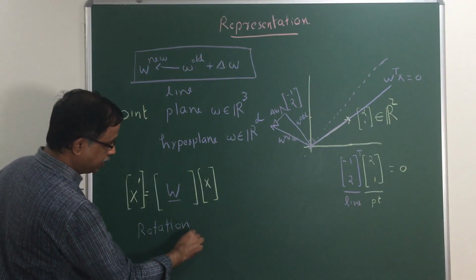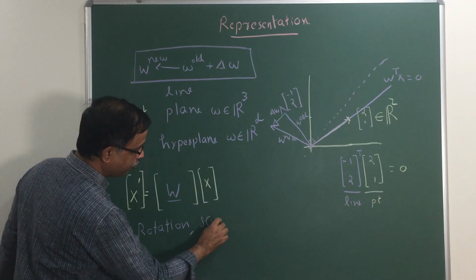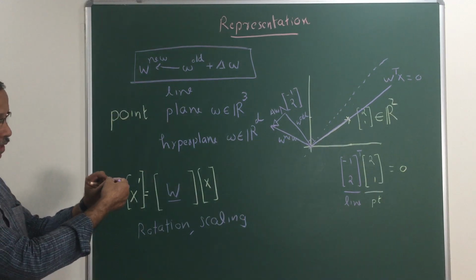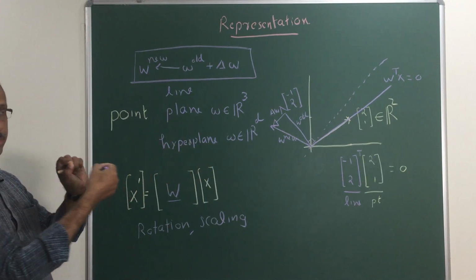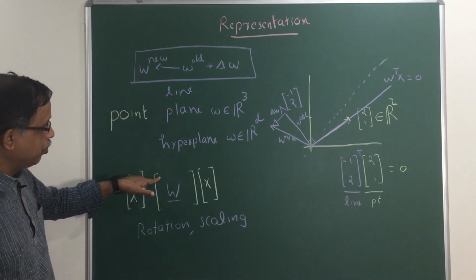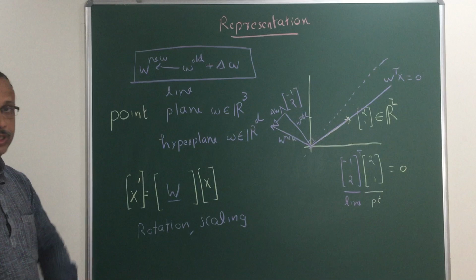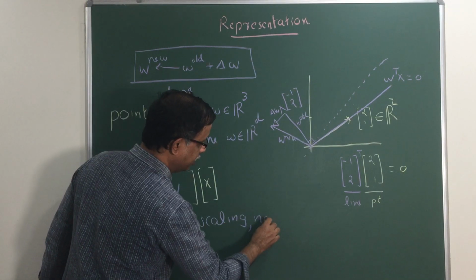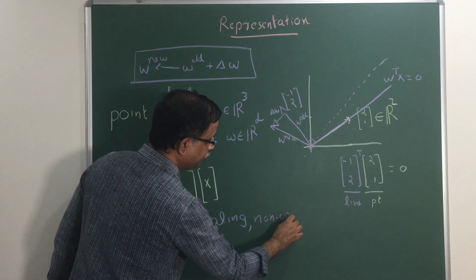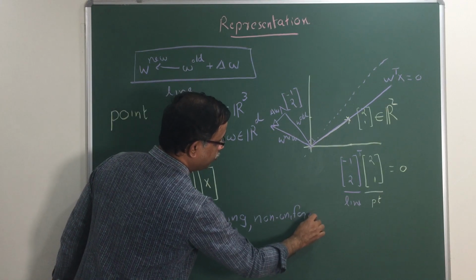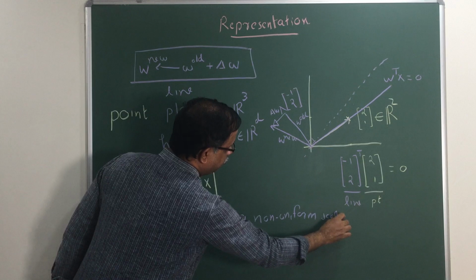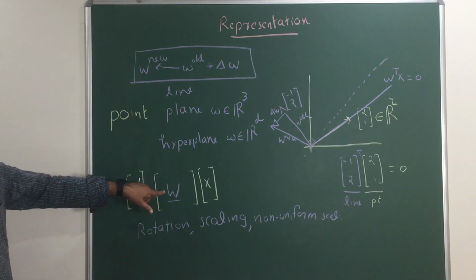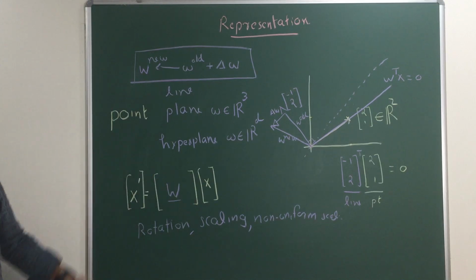It could be a scaling. So we are interested in scaling one of the axes, maybe stretching, maybe compressing, and depending on the diagonal values of W, it should change. Or non-uniform scaling. Or it could be more complex transformations like affine transformations.